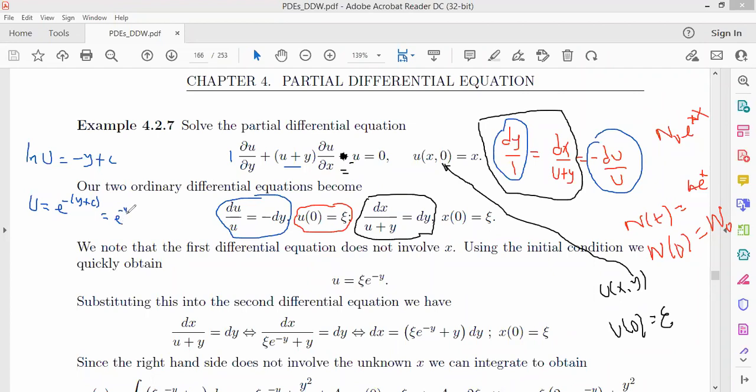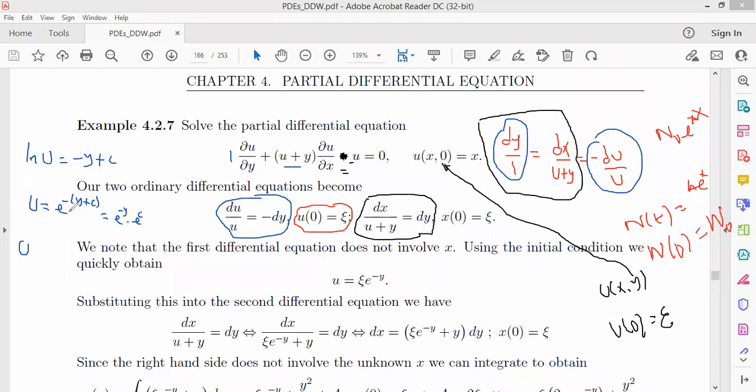You guys know what is happening. That is e to the minus y, and I have e to the c. So e to the c is some form of constant. So what I have is a u.